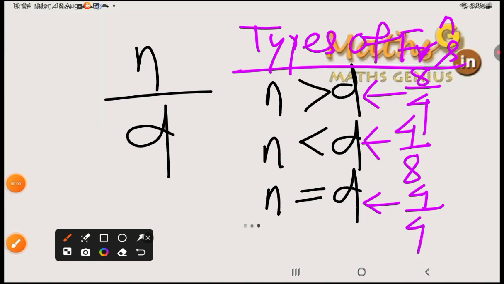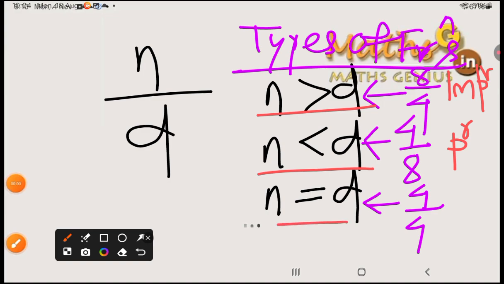So, in the first case, 8 by 4, where the numerator is greater than the denominator, we call them improper fractions. When the numerator is lesser than the denominator, we call them proper fractions.